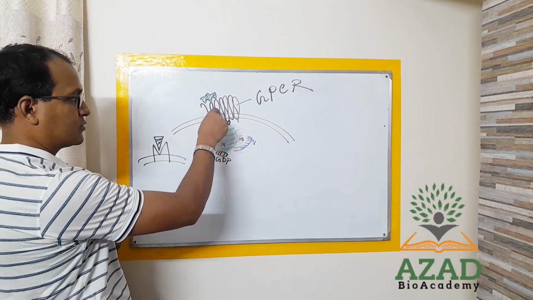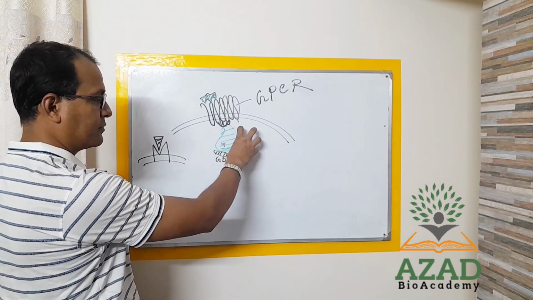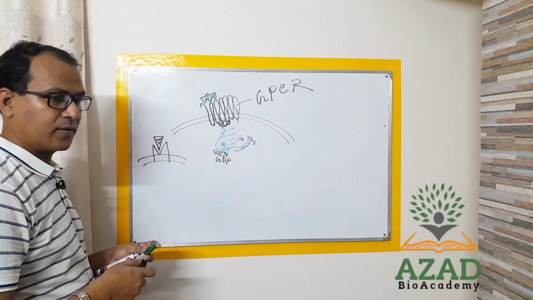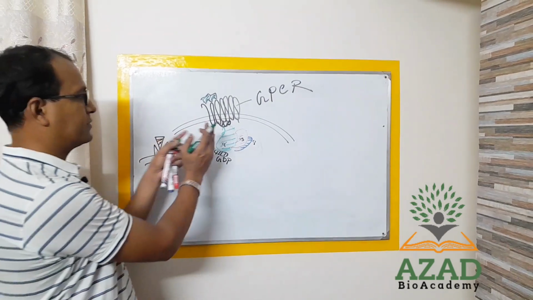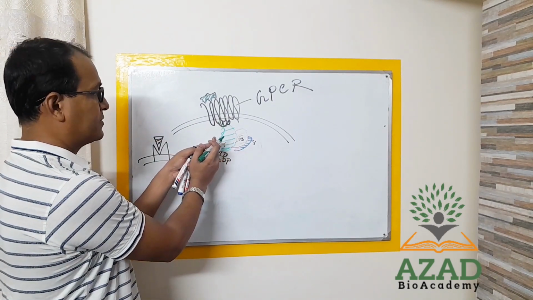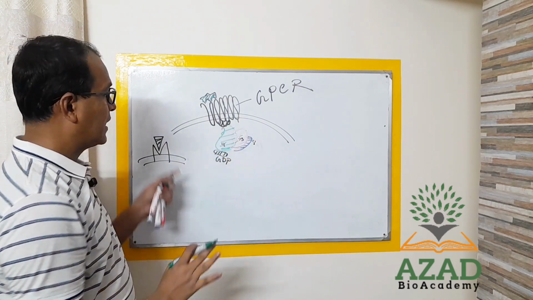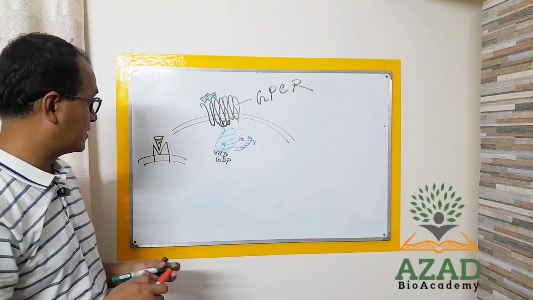So alpha is attached with the receptor, and beta is attached with alpha. When the alpha is activated, that activated G protein will also activate the beta gamma. When it is activated, what will happen? That is another question.